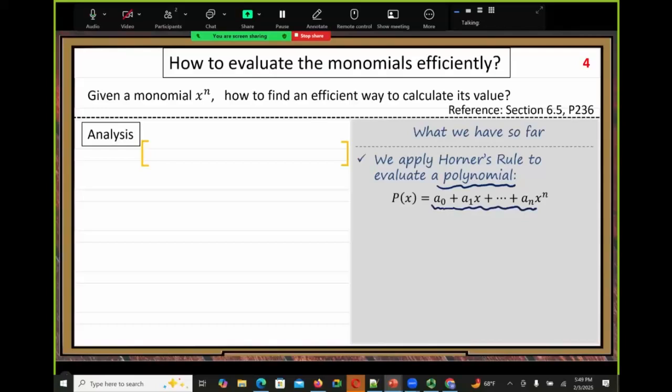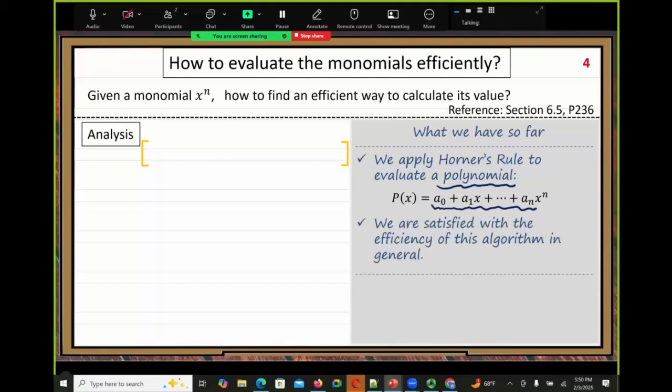Later in our fifth topic, C.5, I will talk about that special pattern. Here we assume there is no specific pattern for the coefficients. In this situation, Horner's rule gives us the best solution.